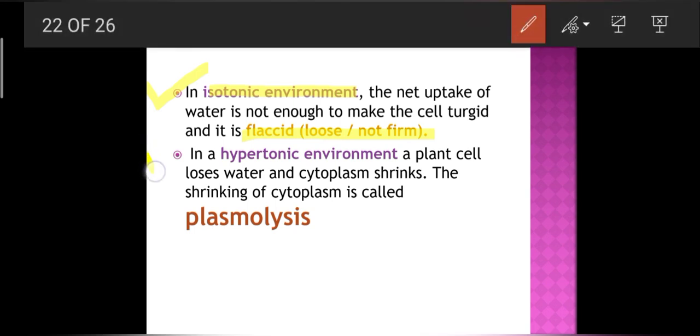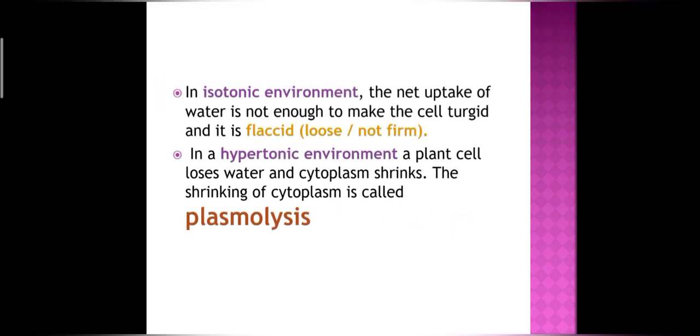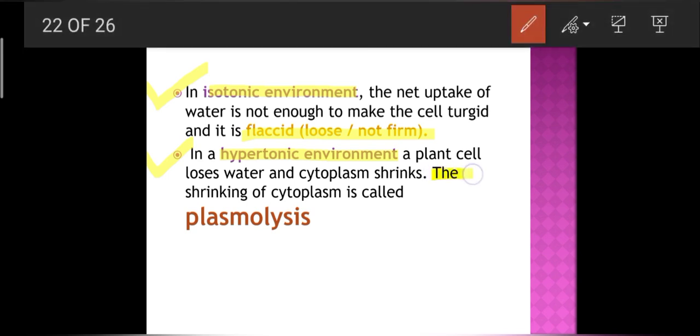What happens when a plant cell is placed in a hypertonic environment? Then the plant cell will lose the water and its cytoplasm shrinks. So the shrinking of cytoplasm is known as plasmolysis.